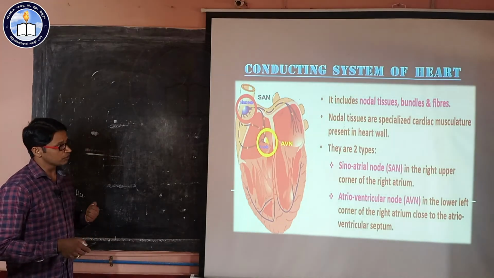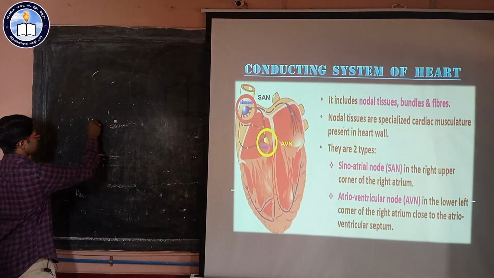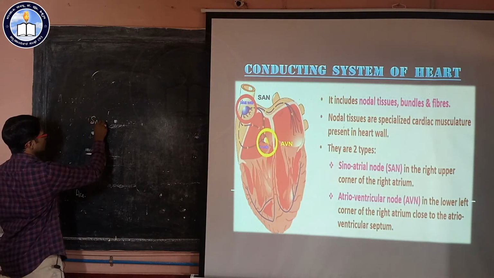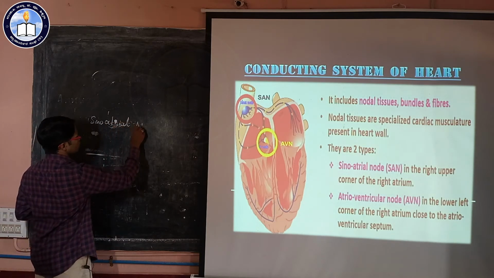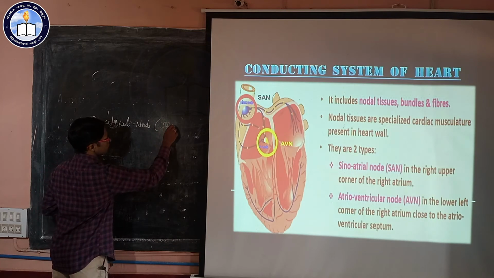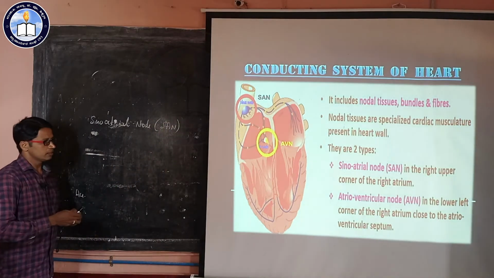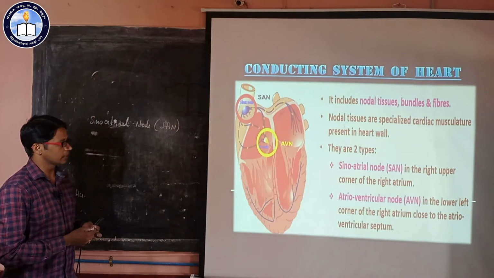First we see the types. One type of nodal tissue is called the sinoatrial node, or SAN.